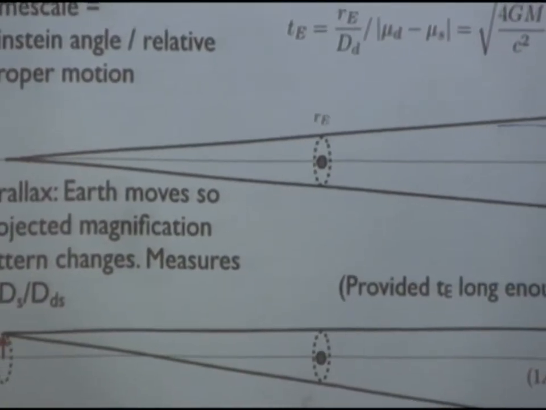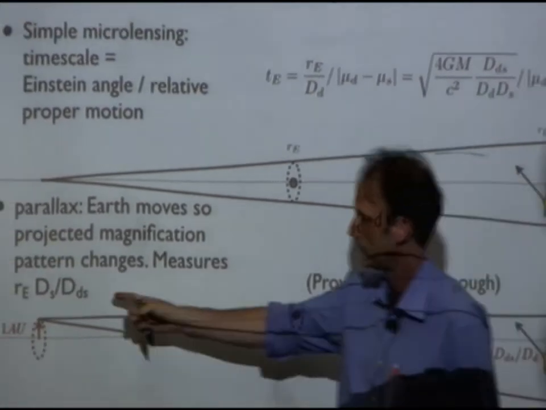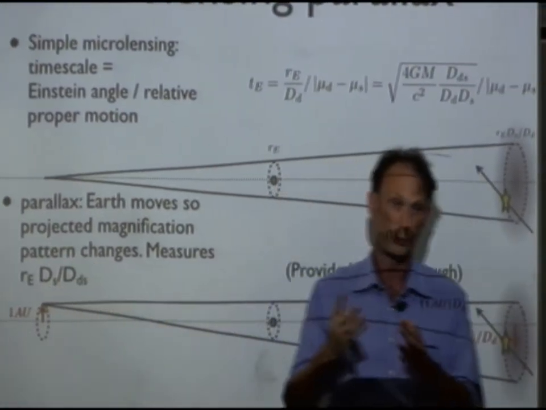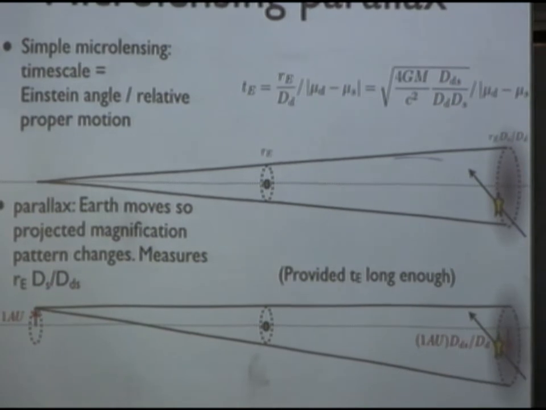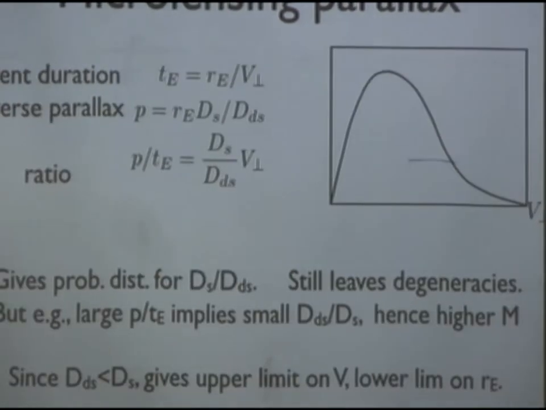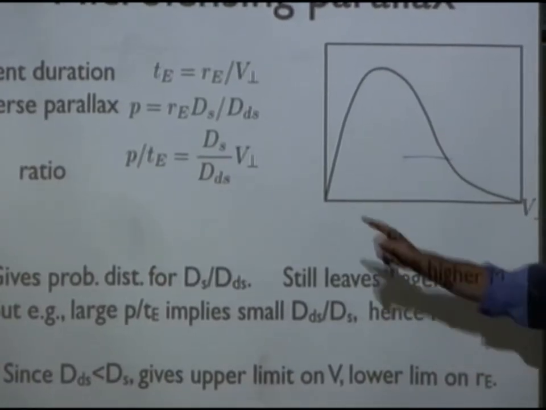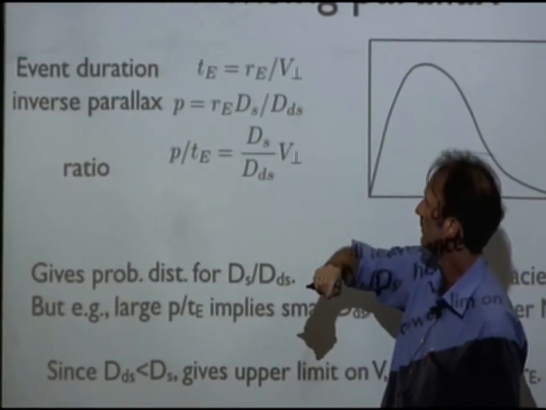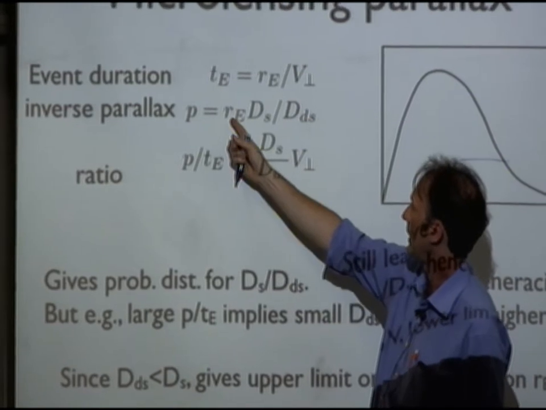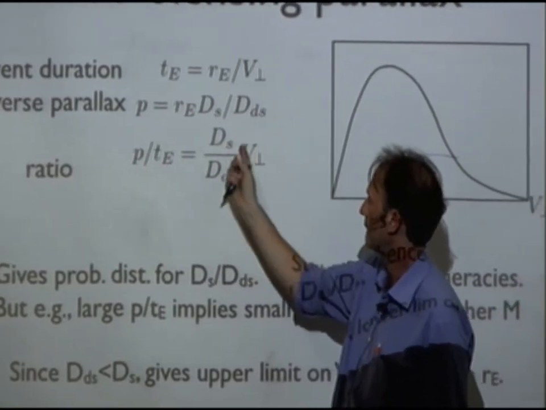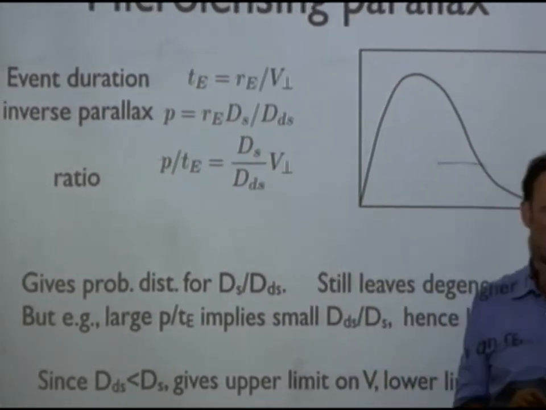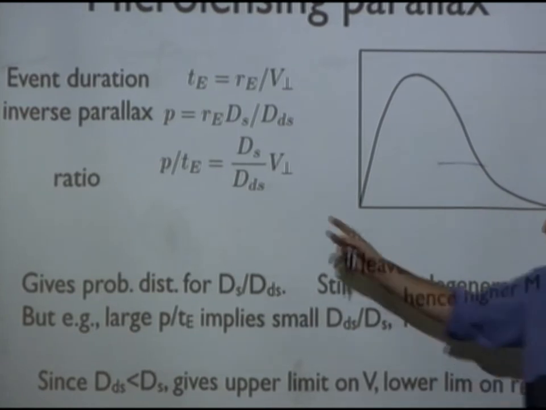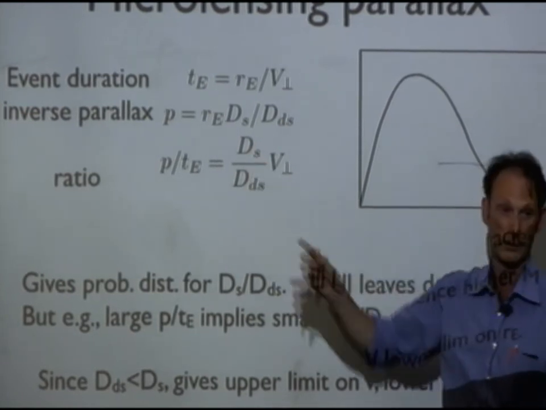And so you see that once again this gives you a way to get an extra constraint on the distance ratios, and therefore a way to break this uncertainty about what the mass of the lens is. So the event duration gives you RE over V. That's what I showed you earlier today. This parallax gives you this combination. If you take the ratio, then you end up with something which is completely independent of the Einstein radius, and it purely tells you about the distance ratios, about the geometry.